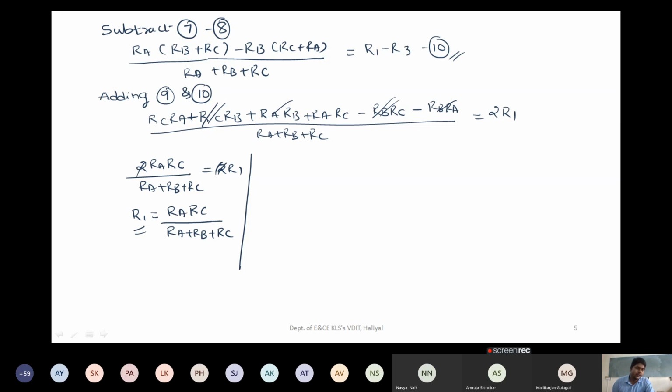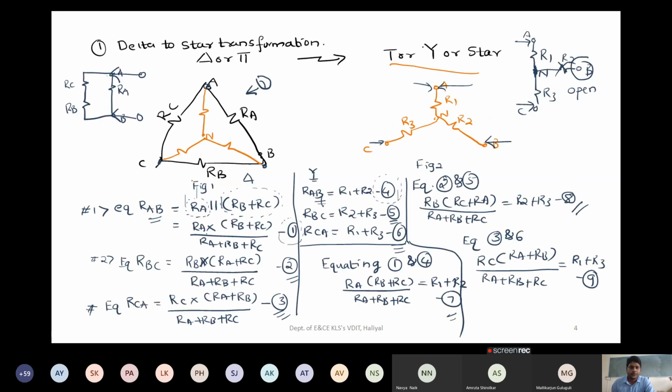So coming to this equation, how to remember? So we got R1 equal to RA RC divided by RA plus RB plus RC. So how to remember that? So we defined R1 as RA into RC, right, divided by summation. So if you superimpose this figure here, what we have is R1, R2 and R3.